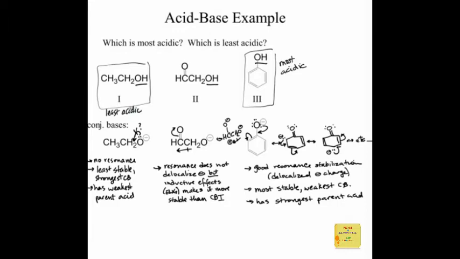So we have a combination. In this example, we have a combination of both inductive effects and resonance effects. When we have both of those acting, like we do in this case, it's the resonance effects that are generally going to win out, because the resonance effects are going to be ones that really delocalize charge and add stability.